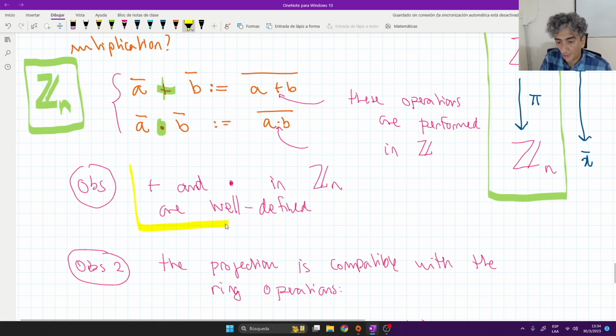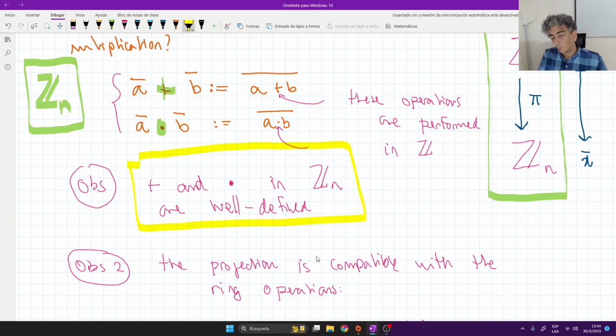It's a very nice exercise. But what does it mean? It means that whenever I want to add the class of A and the class of B, here I can place any member of the equivalence class of A, and here I can place any member of the equivalence class of B, and the result is the same, right? That is to prove that it's well defined.